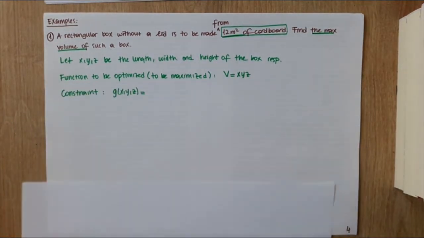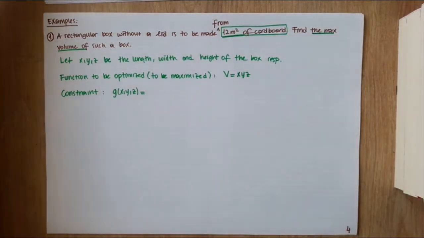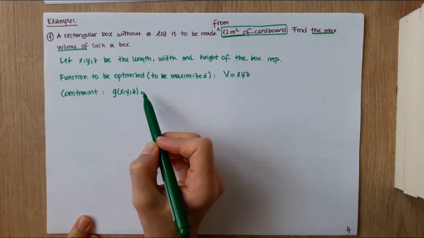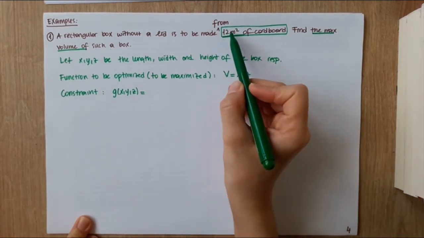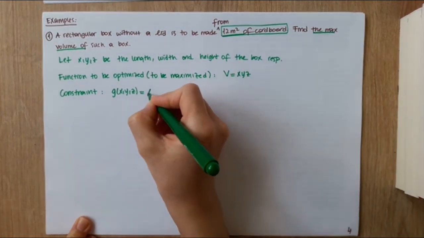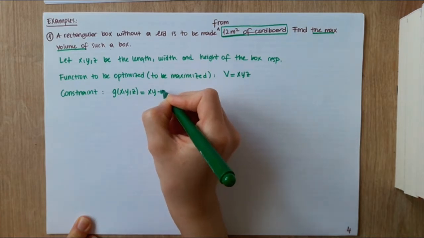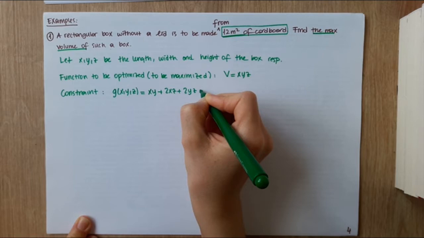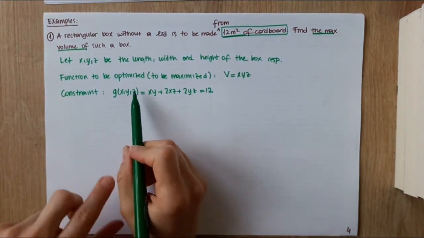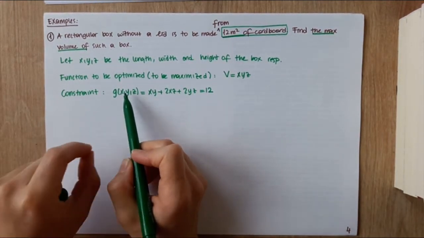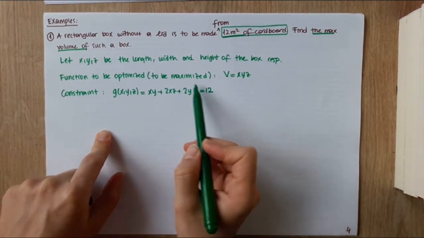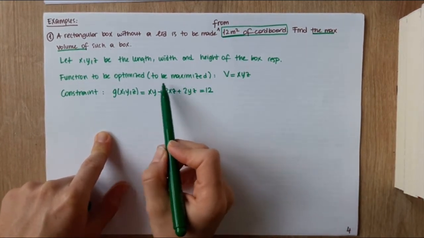So because of that, the constraint function here is that the area of that box should be equal to 12 square meter, and the area is xy plus 2xz plus 2yz equals 12. Okay, so as you can see, we have a constraint function in the form g of x, y equals k. Okay, so this is a level curve of that function actually.